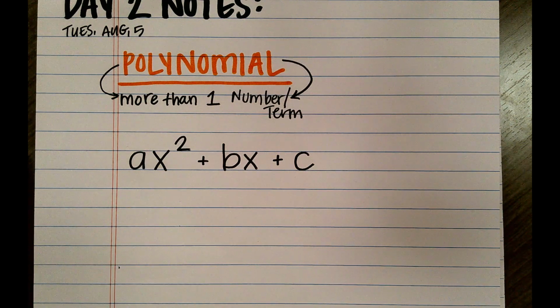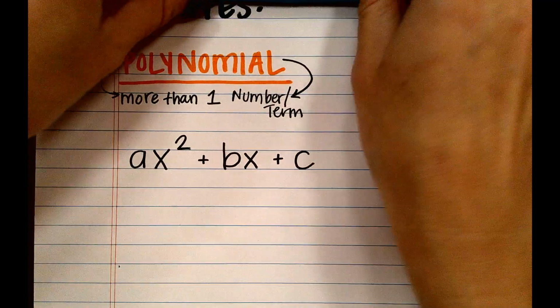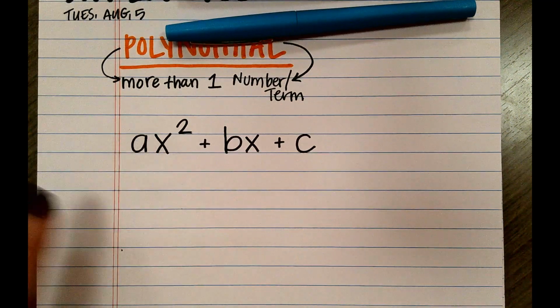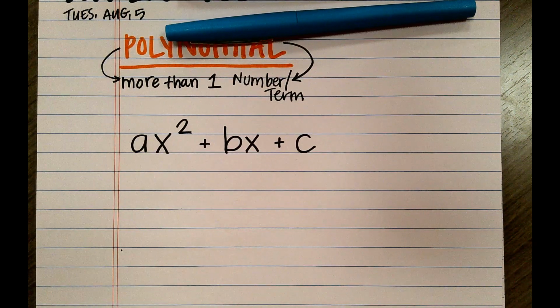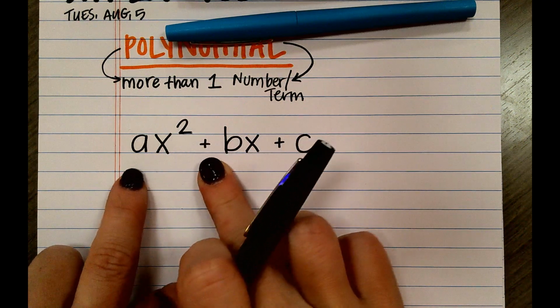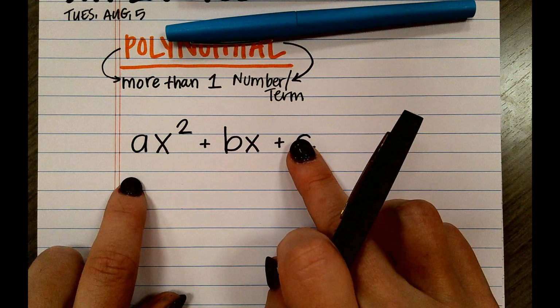I'm going to get some colors here real quick. Let's do orange, blue, and maybe green. Okay. Now, if you notice, when we were multiplying binomials or doing the FOIL method or the box method, every time our answer would come out to something x squared, plus or minus something x, plus or minus something.